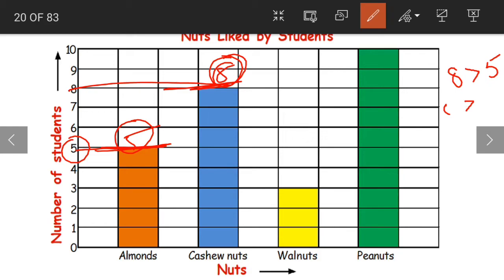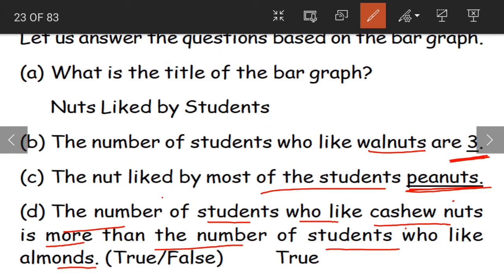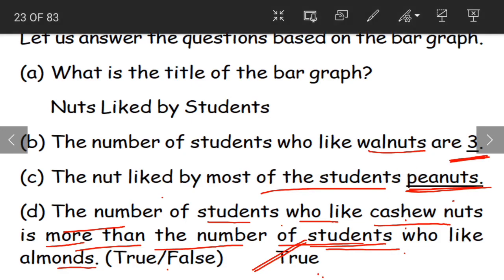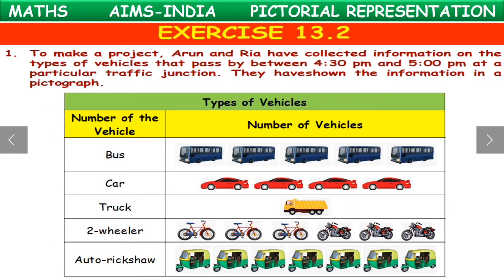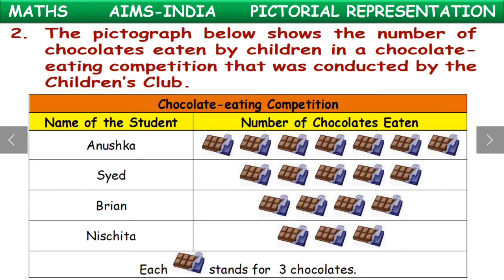So cashews are liked more than almonds. And this is also the statement given, that the cashews are liked more than almonds. So the statement becomes true. I hope this is clear, children. How to construct a bar graph and also how to understand what is given in the bar graph. Now coming to exercise problems.